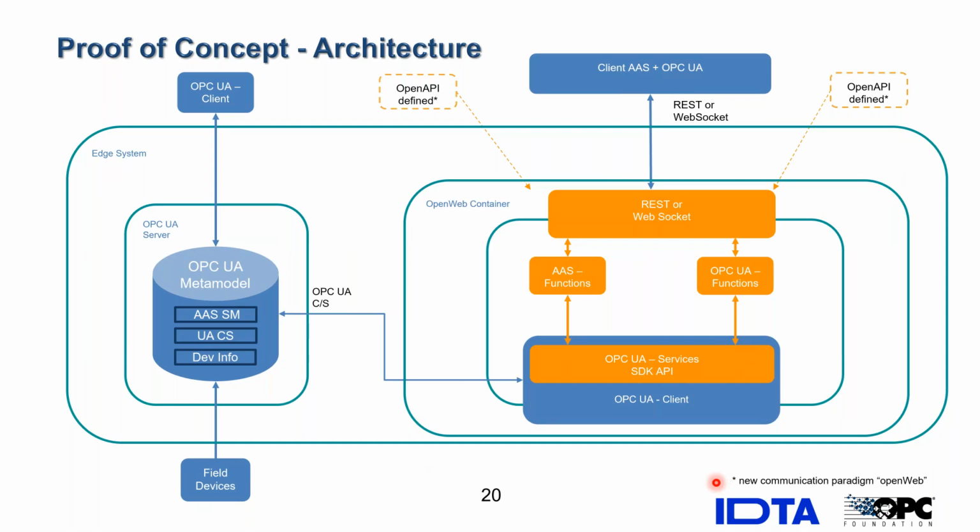Now, in case of AAS, it's a little bit different, because when an AAS request comes into our container, we cannot just translate that AAS call to an OPC UA binary call. This is because an AAS request can be a combination of multiple OPC UA calls. So we need to have a specific, good translation between the AAS and our OPC UA client functionality.